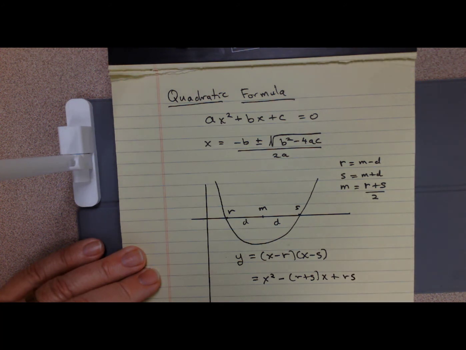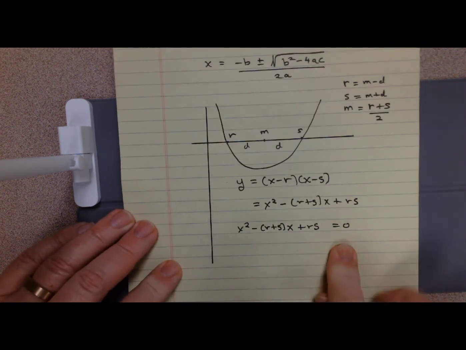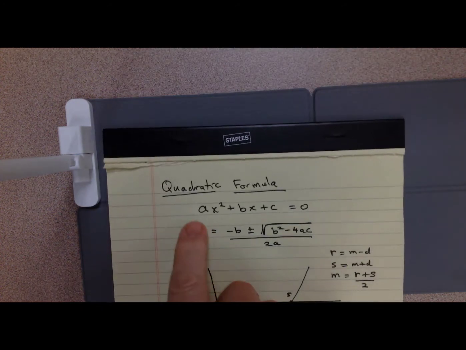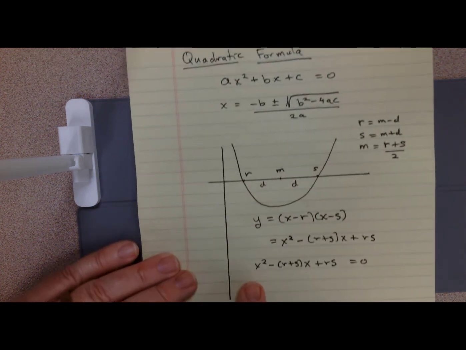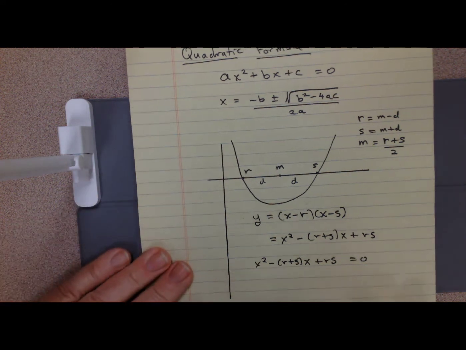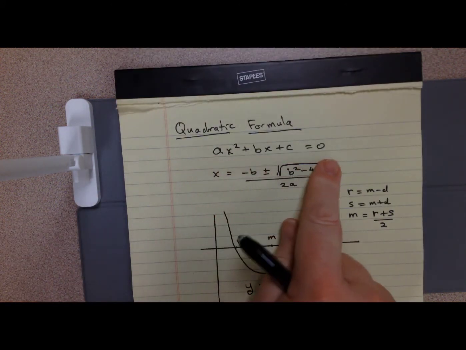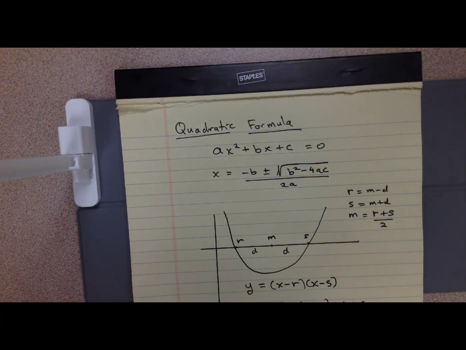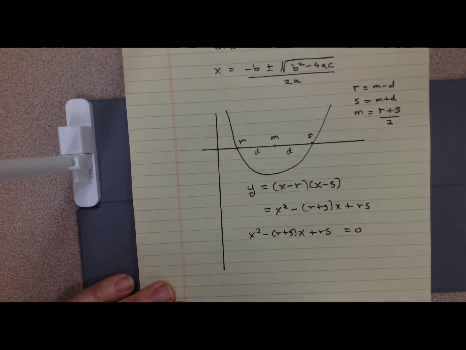When we go to get the roots, we set x squared minus (r plus s)x plus rs equal to 0. This formula looks different than the general one. We don't have a leading coefficient a; we only have a leading coefficient of 1 here, but I can easily handle that by dividing through everything by a. So let's not worry about that at this point.